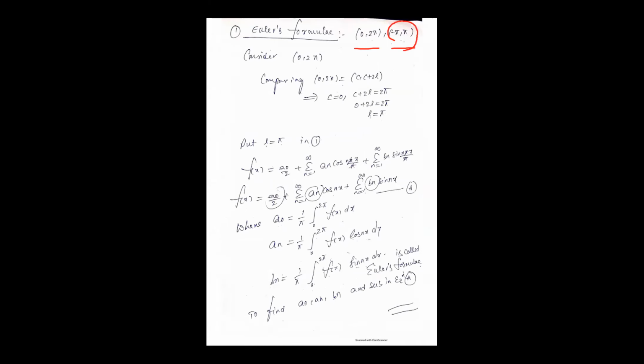Minus pi to pi is not a direct method. It is an indirect method. First, for minus pi to pi, we have to check whether it is an even or odd function. Then checking if f of x is even or not. Suppose f of x is not even or odd, then we have to calculate these limits in the Euler's formula.